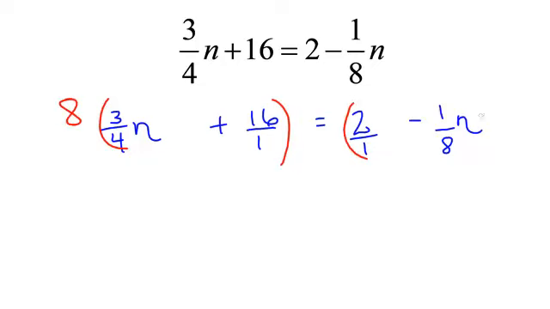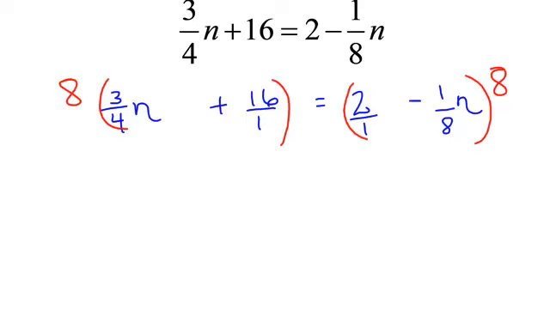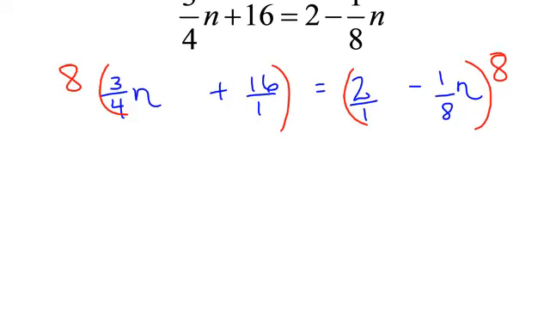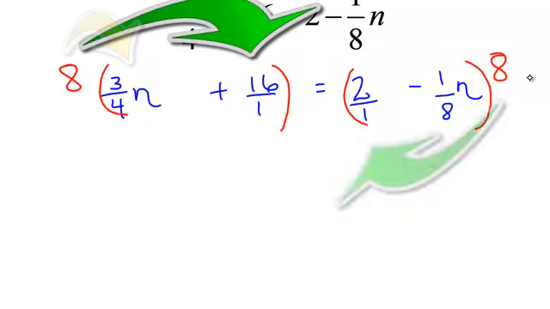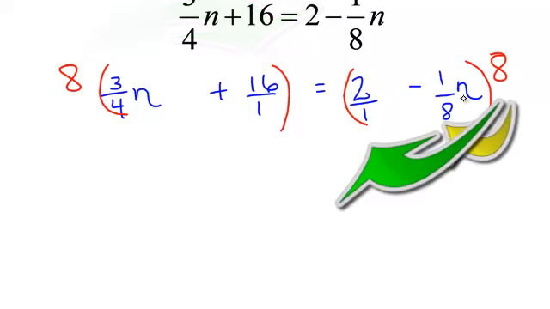So if I multiply the left side by 8, I need to multiply the right side by 8. Now we need to use the distributive property. This 8 needs to be multiplied by each term in this parentheses. This 8 needs to be multiplied by each of these two terms.